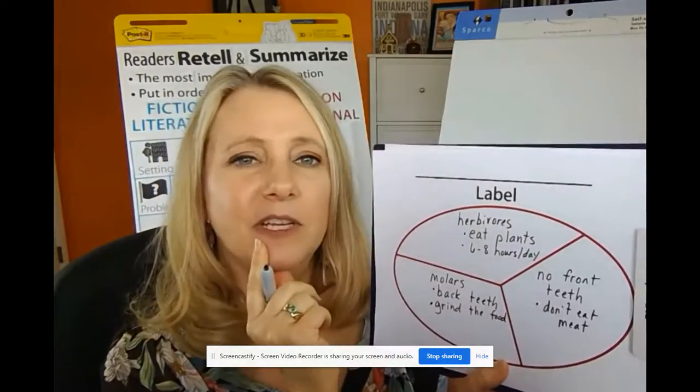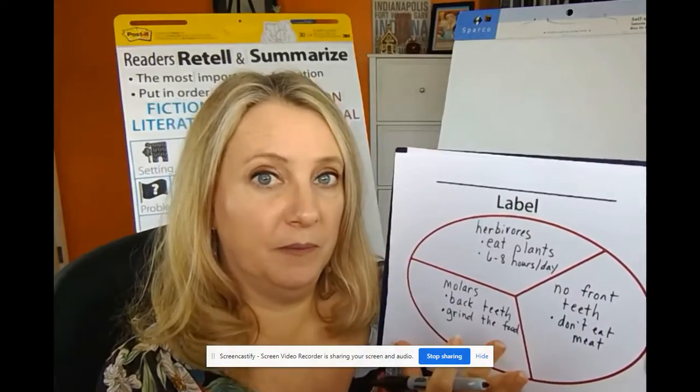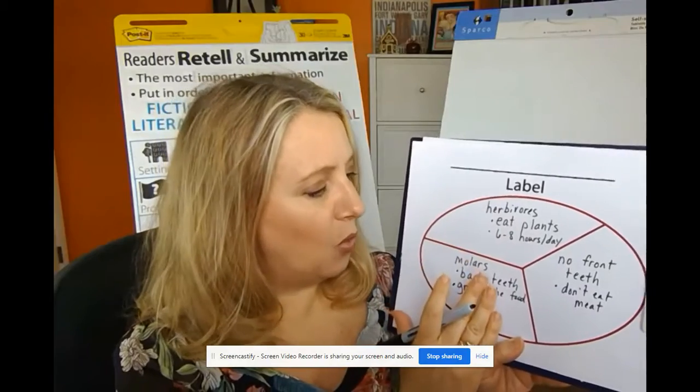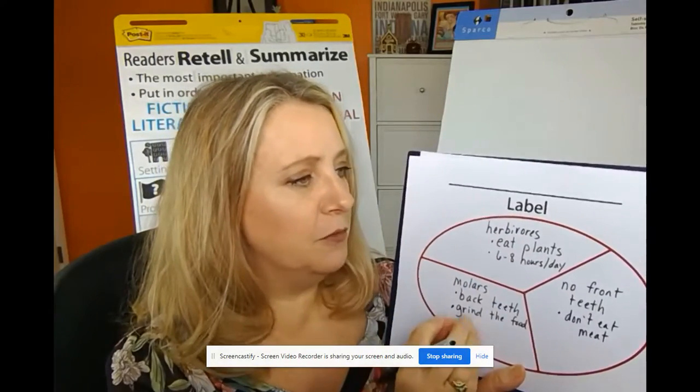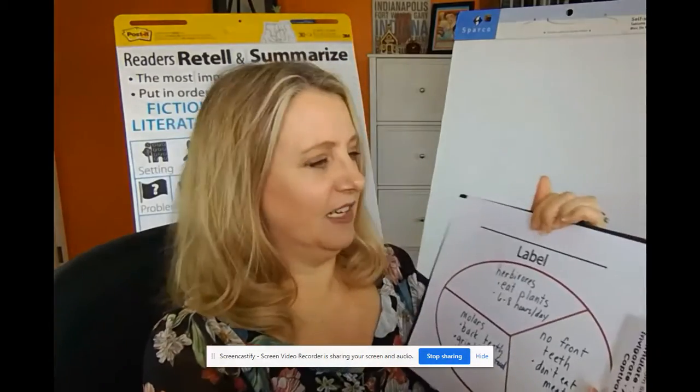I'm not really sure I'm agreeing with that label. What would be a better label for this group? It's herbivores. They use their molars to grind the food. They eat plants. It's all about what they eat. Yeah, I like that a little bit better.